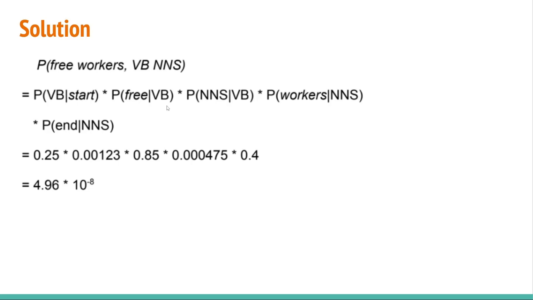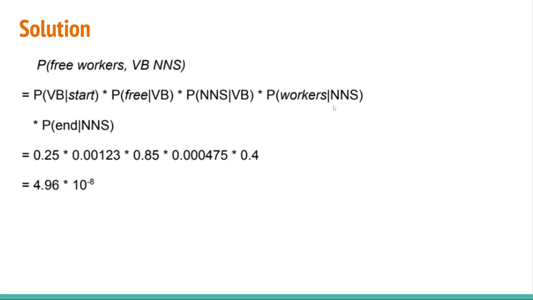Next, now that we are at the state VB, we transition to NNS, which is another hidden state, another tag. So here we have the transition probability of NNS given VB, which is the probability of transitioning from state VB to NNS.